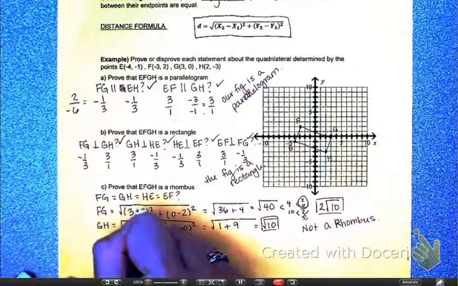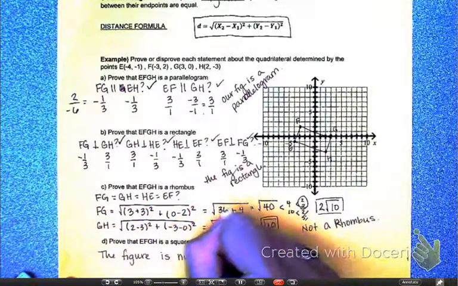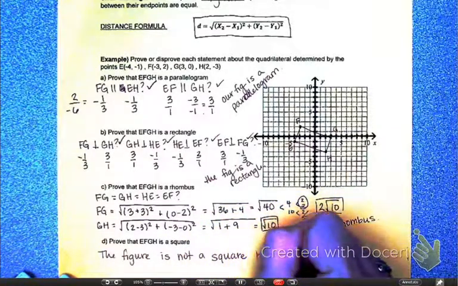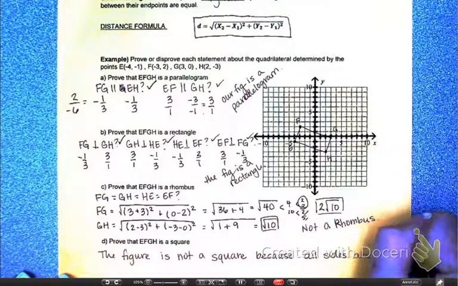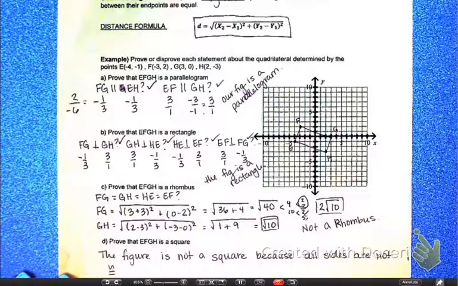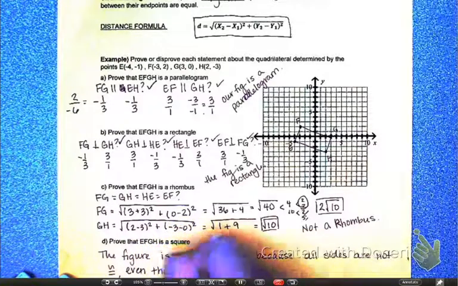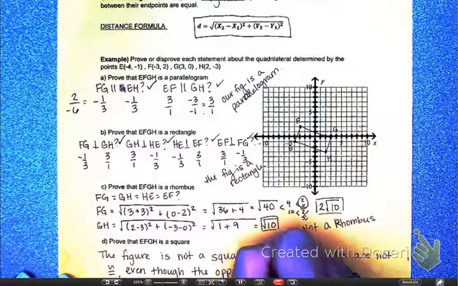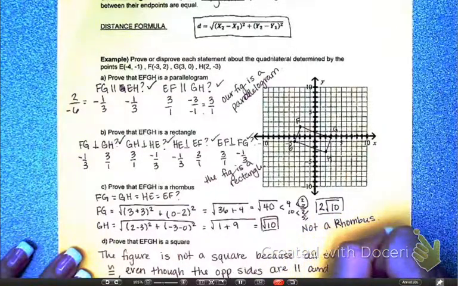Here's how I would write the sentence. The figure is not a square because all sides are not congruent, even though the opposite sides are parallel and angles are 90 degrees.